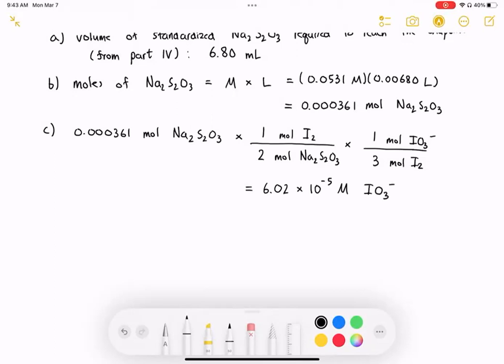So this tells us the amount of iodate that was in solution is 6.02 times 10 to the negative 5 moles. So in here we found moles of, let's just move everything down a bit.